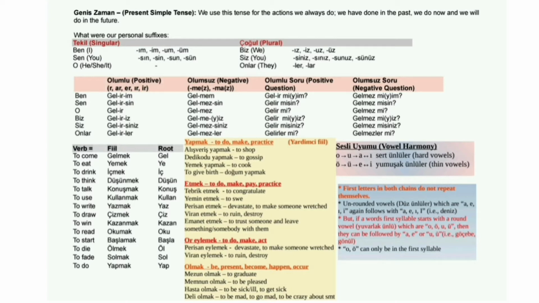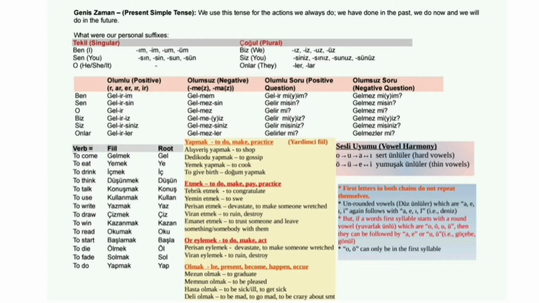If you can remember from our previous lessons, this can change according to the vowel harmony, which means previous vowel letter. So the suffixes for sen can be sın, sin, sun, sün. For o, which means he, she, it, we don't use any suffix.